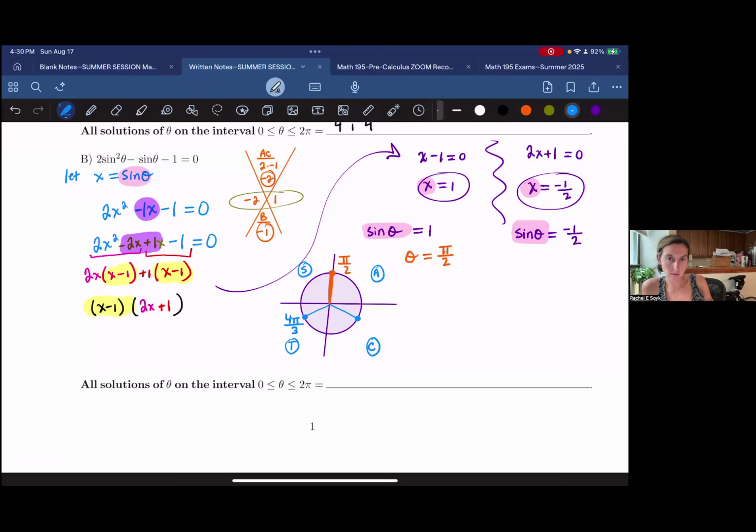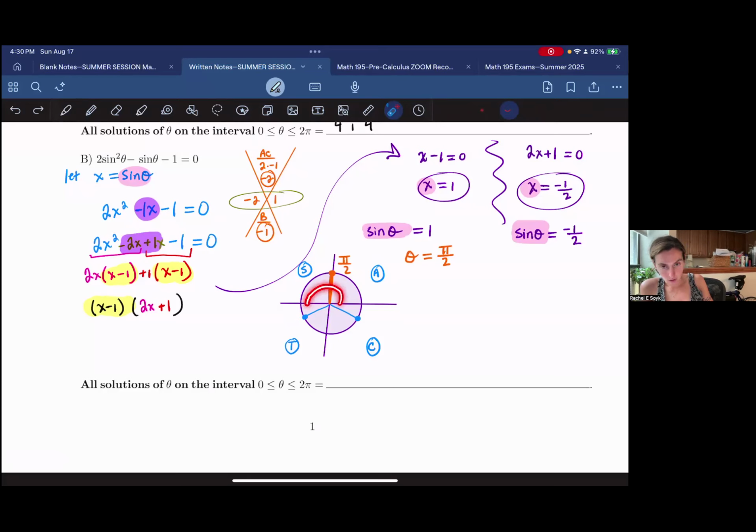And wait, I keep saying pi over 3, thinking that that is 30. Pi over 3 is 60 degrees. We're looking at pi over 6. So I drew it properly, but I was just saying the wrong angle.